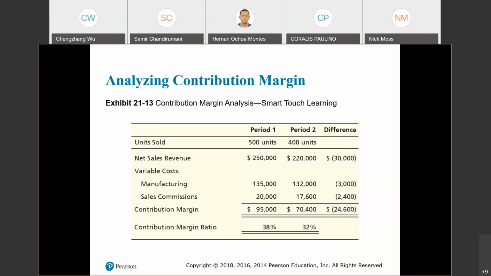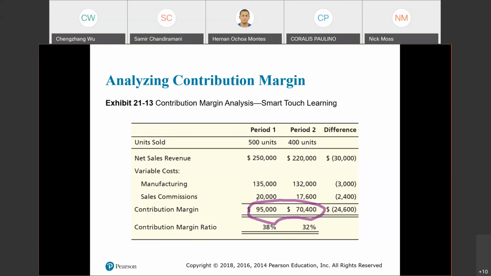Okay, period 1. The units sold is 500 units. For period 2, the units sold was 400 units. So we can see a decrease in contribution margin.